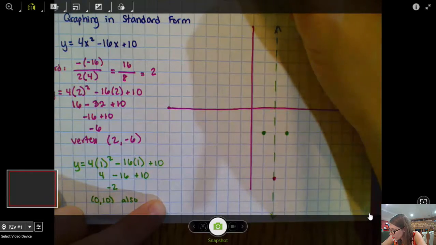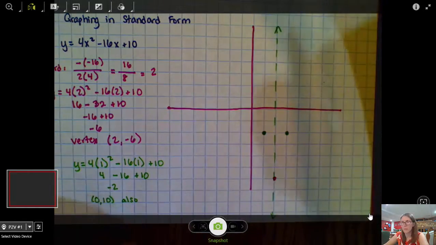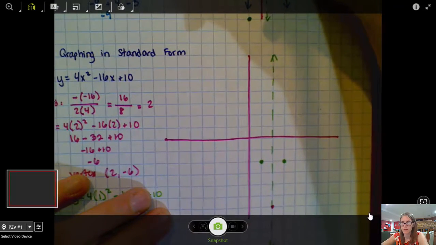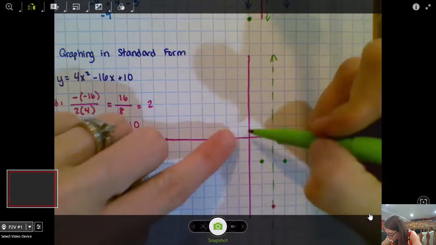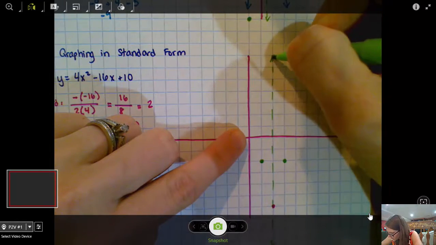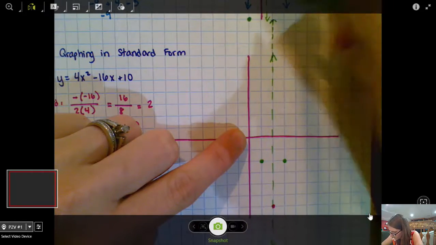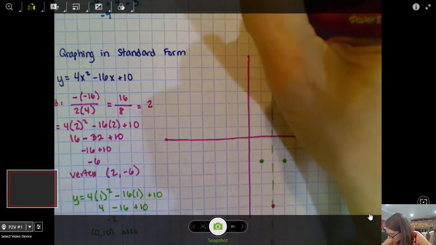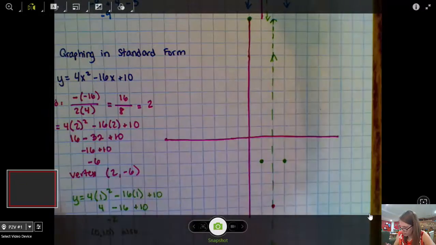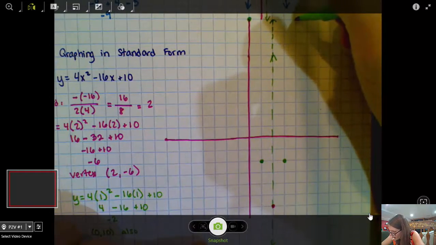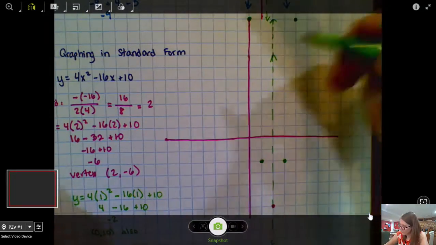I guess I should have given myself a little bit more room between my graphs here. Continue my y-axis up a little bit more. But same on the other side of my axis of symmetry at (4, 10).